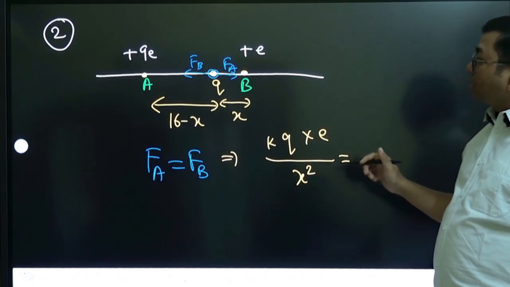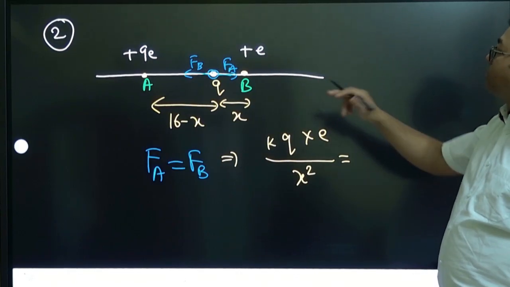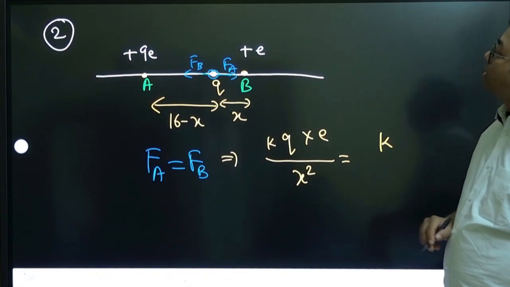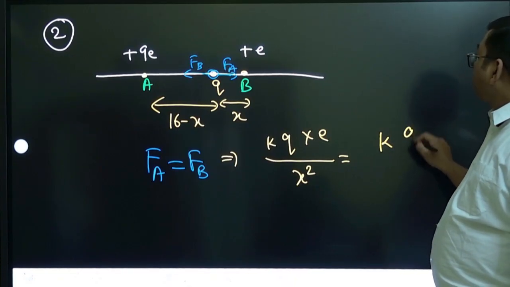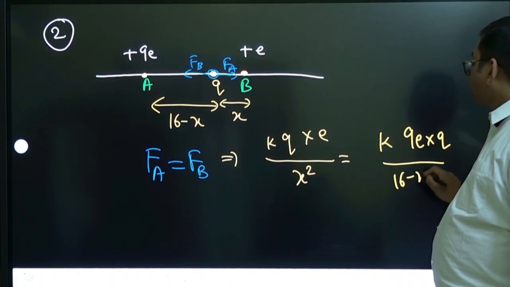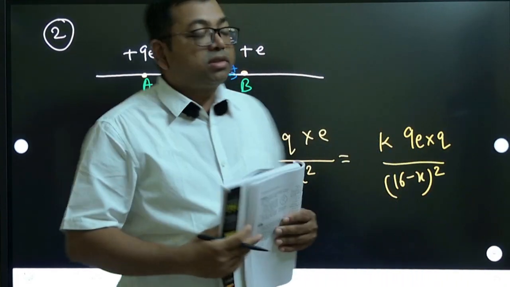FB you write. FB will be what? K into 9e into q divided by the distance, which is 16 minus x, whole square. Okay, let's write this and now try to find out what is x. Solve it.